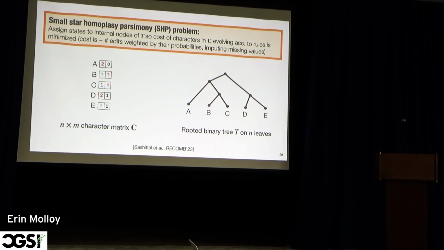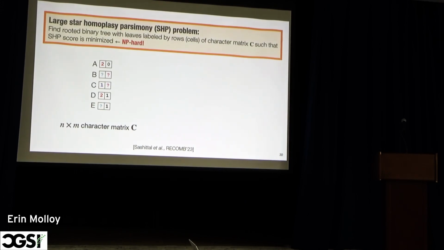Basically the cost is going to be the number of edits that are occurring, weighted by their probabilities, and we'll impute missing values while doing this. Here you're just going to assign states to the non-leaf nodes to minimize the cost. Okay, so the small problem is polynomial time.